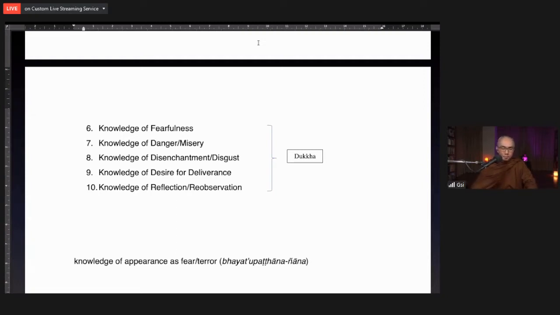Now, in the knowledge of fearfulness, actually I just put it there, but the actual translation is usually knowledge of appearance as fear or terror, bhaya upatthana jnana. Jnana is knowledge.